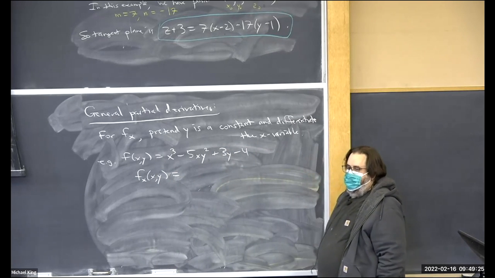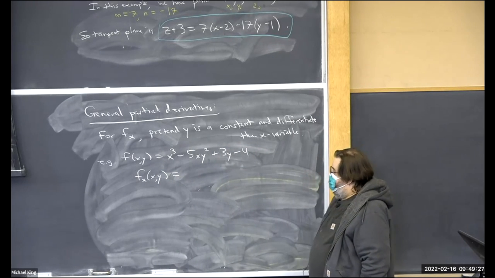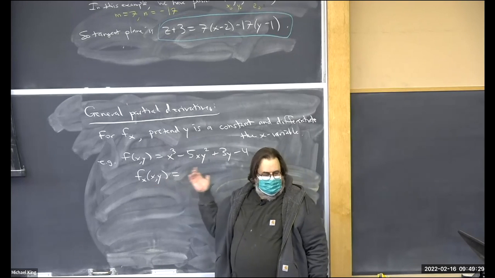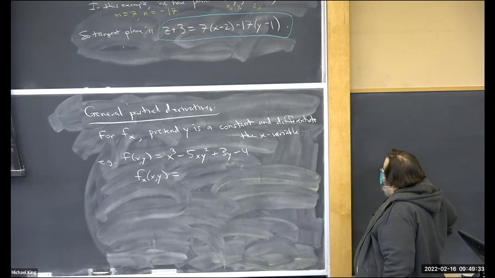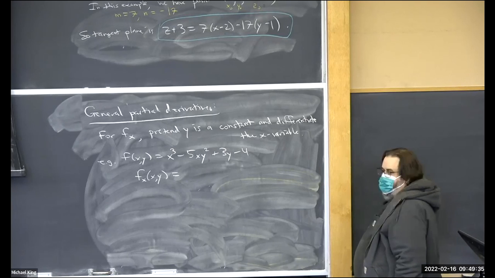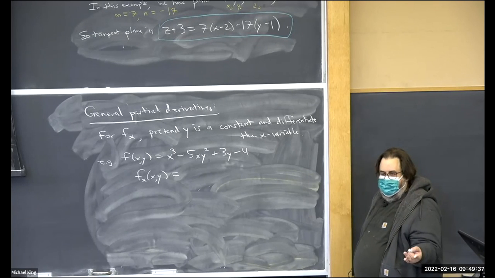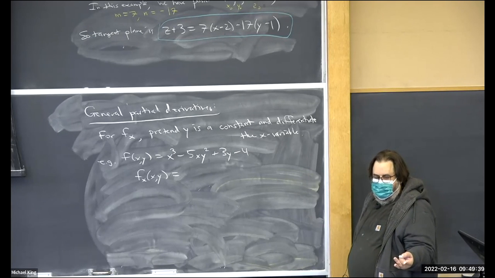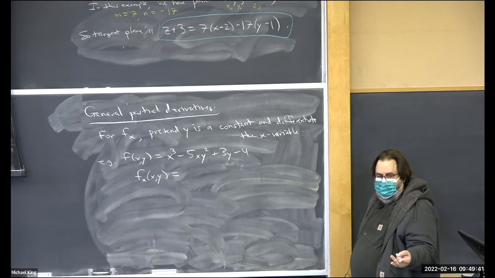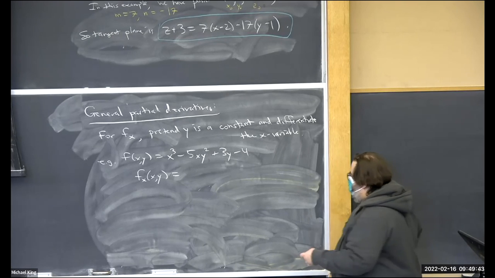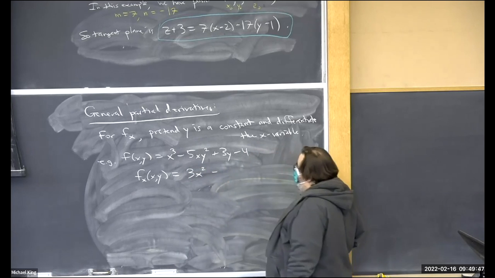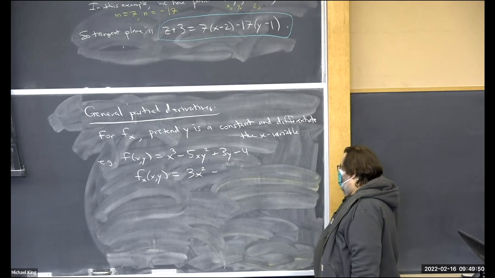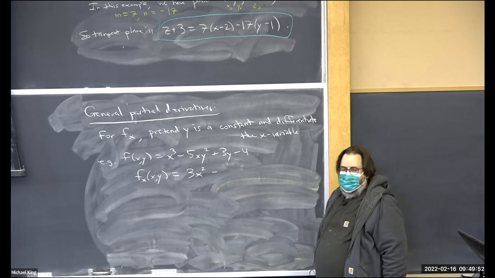If we treat, so this is a general, right? I have x comma y here. I'm doing like a general partial x. So x cubed becomes, someone say it, 3x squared. And then what does 5xy squared become if you're treating y as a constant?